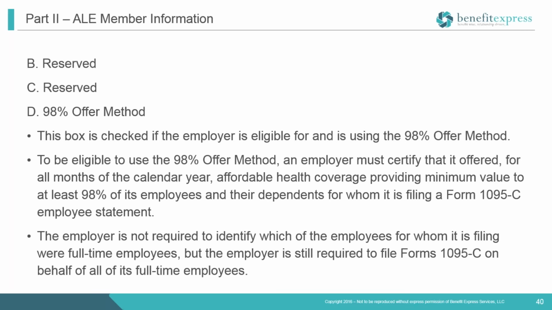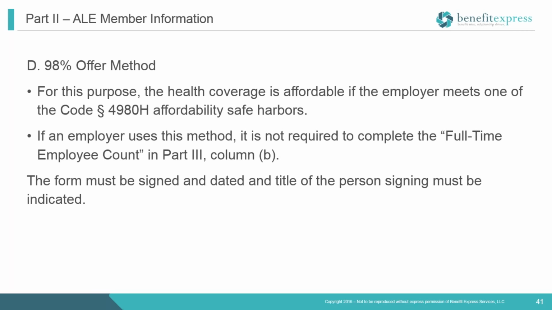And if you do that, then you get out of completing column B in part 3 of the 1094-C. That's the only advantage of doing that. So if you do offer to everyone, you can check that box and get out of completing part B.